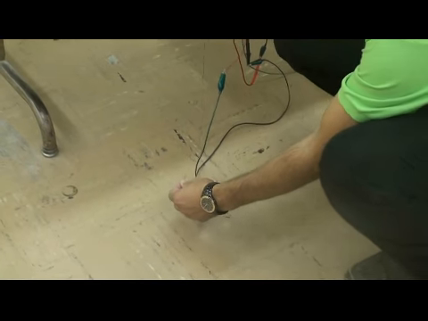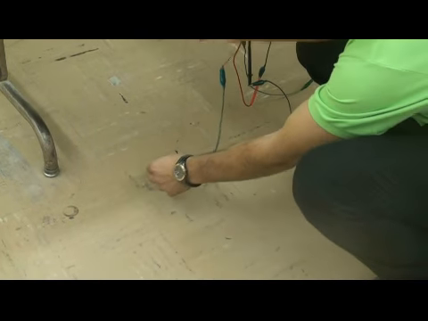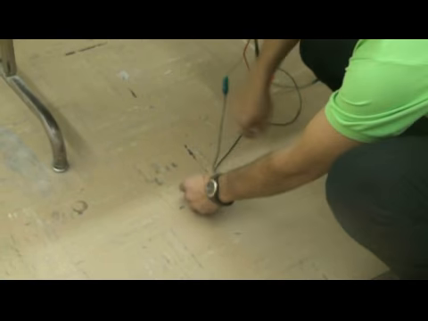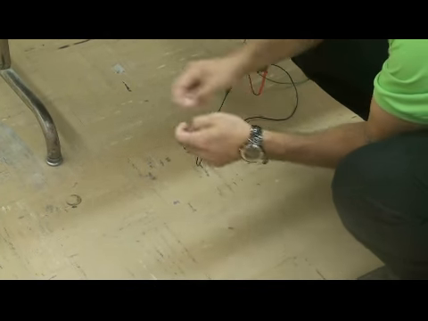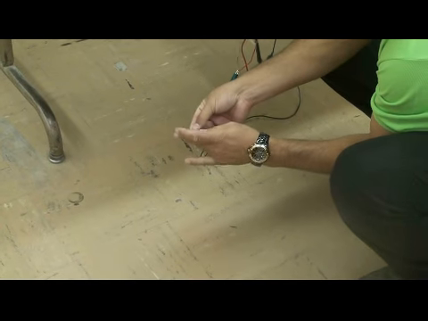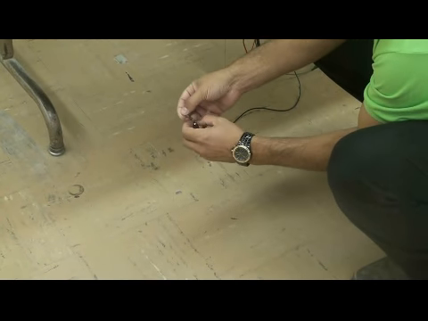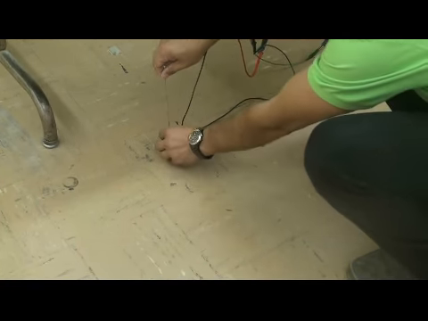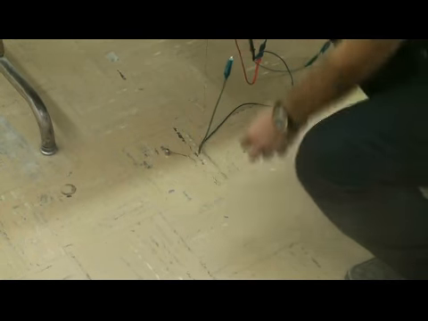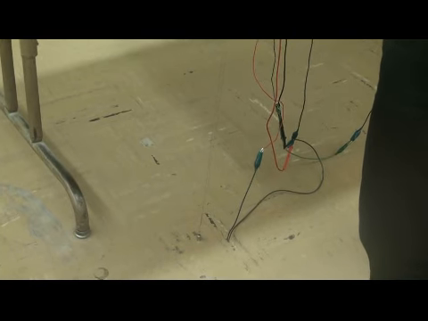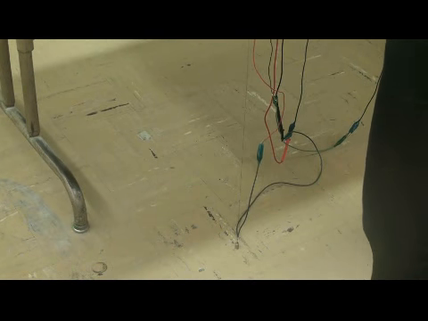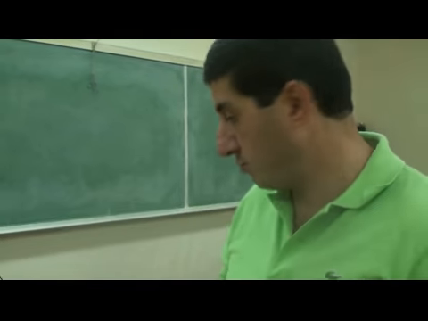But you have to realize we're trying to lift something that has a certain amount of weight, right? So perhaps I need more power, I need more current, I need more voltage.